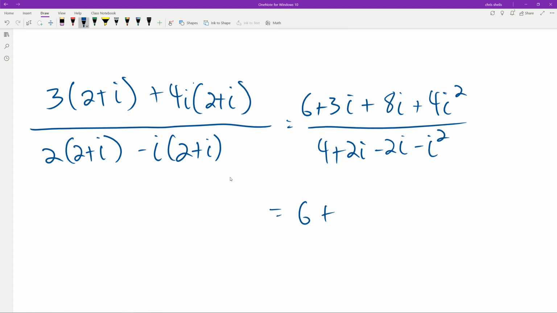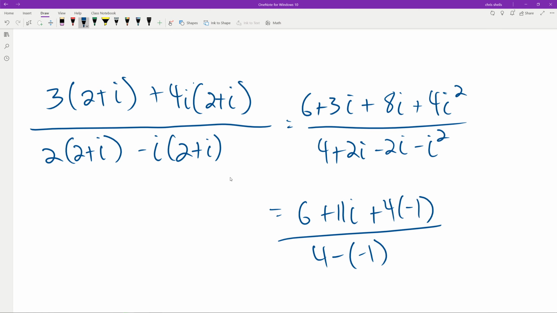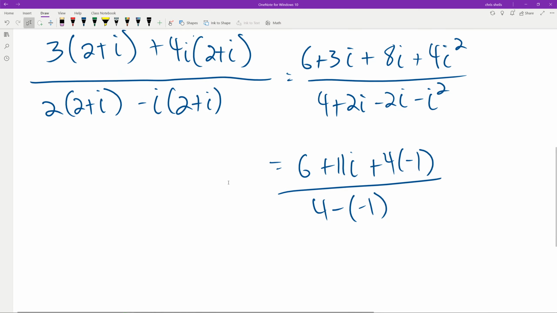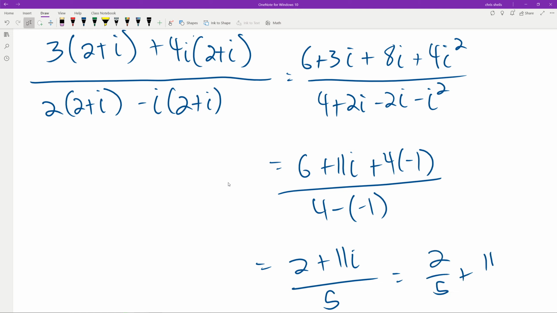This is 6 plus 11i plus 4 times negative 1 all over 4 minus negative 1. The 2i minus 2i cancels. This is 6 minus 4 is 2 plus 11i over 4 minus negative 1 is 5. And we could write this as 2/5 plus 11i over 5.